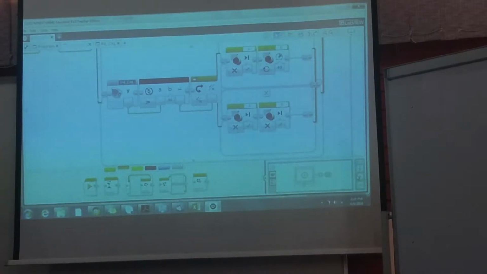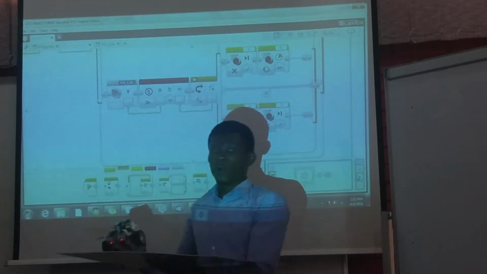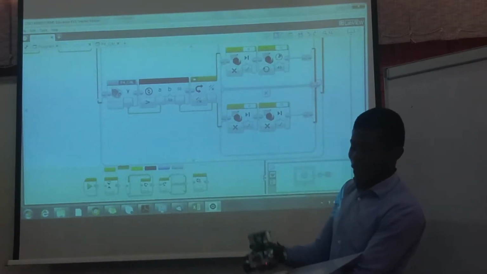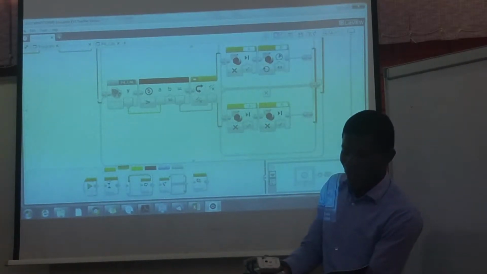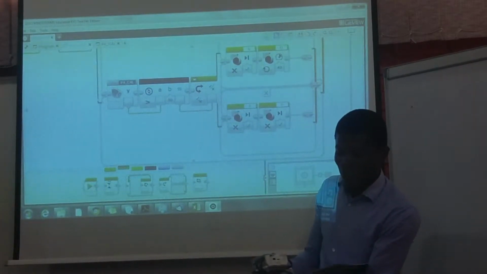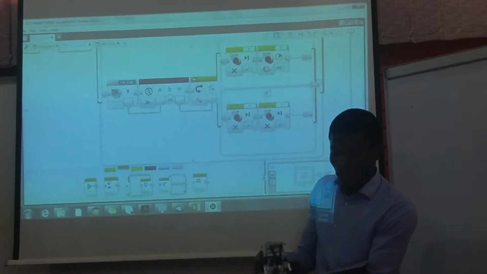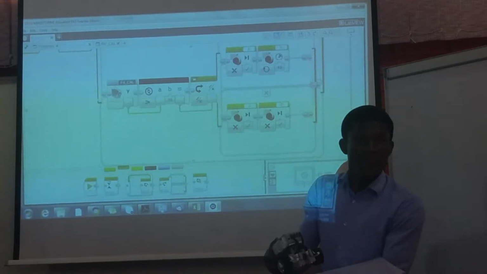When the light sensor sees the black, I'm expecting it to do what? To turn in which direction? It should have been turned this way, but rather what's happening? When you see the black, it's turning in the wrong direction.